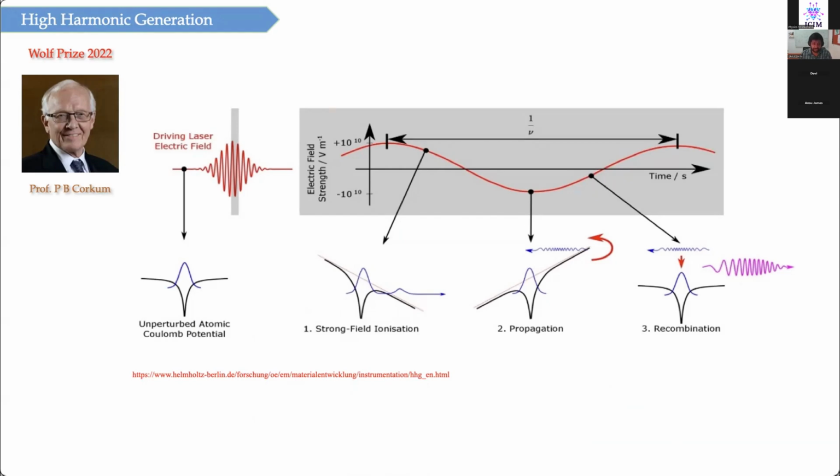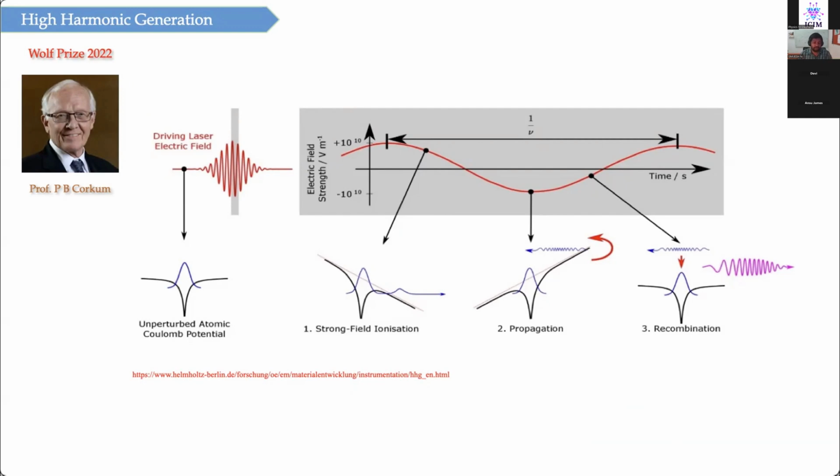And he said that, okay, fine, what you do is you have an atom, and you come with an electric field. An atom has a Coulombic potential. Similarly, the electric field has its own potential. So if the intensity is so high, the modified Coulombic potential is the superposition of the potential of the electric field and the Coulombic potential.